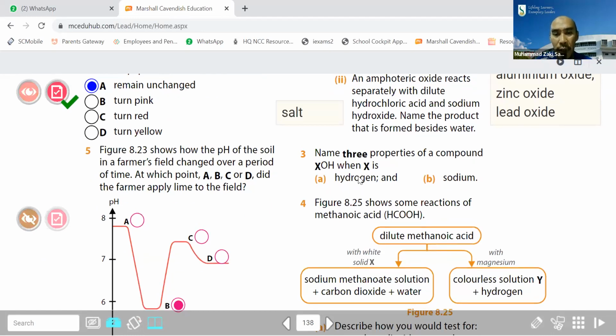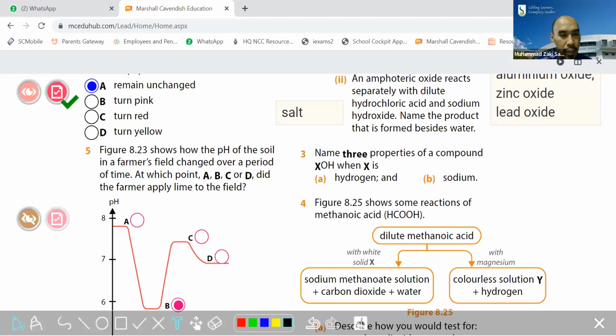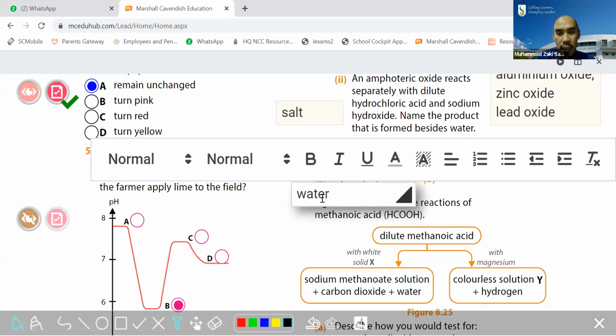Now, when hydrogen reacts with hydroxide, it becomes water. So what are the properties of water? Three properties. Number one, it is a neutral oxide.